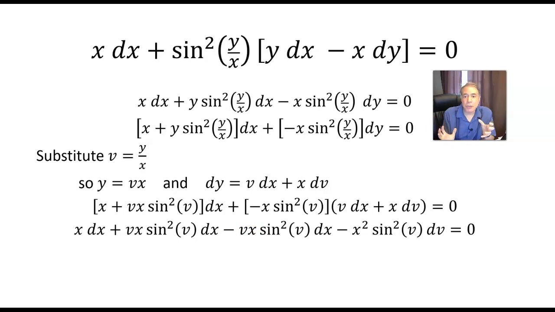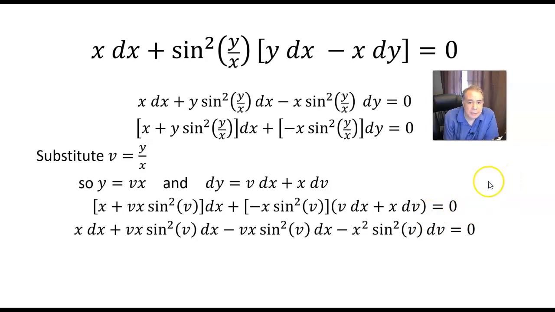Now I can't promise you that this sort of neat canceling will always happen. Sometimes things get a lot more complicated than this. It is always guaranteed to be separable, but it's not always guaranteed to be something that simplifies down really nicely.